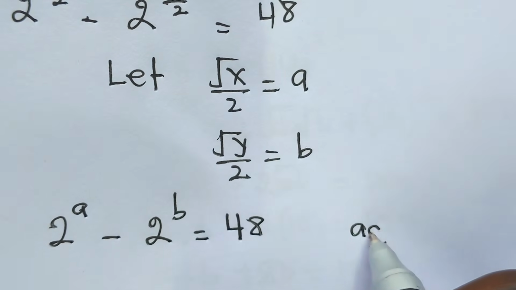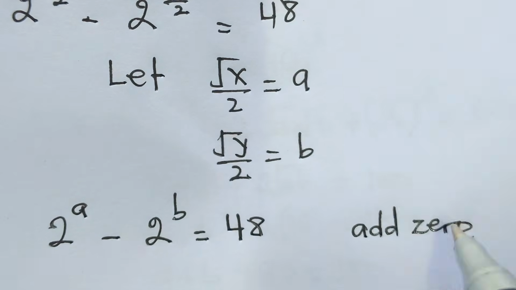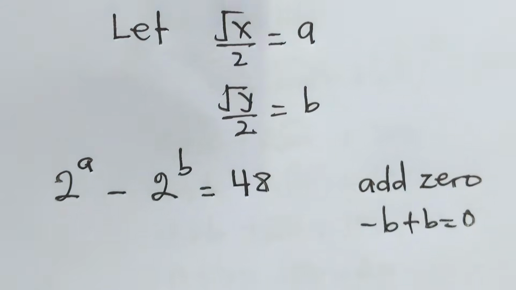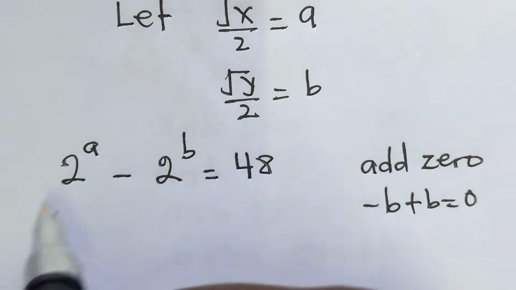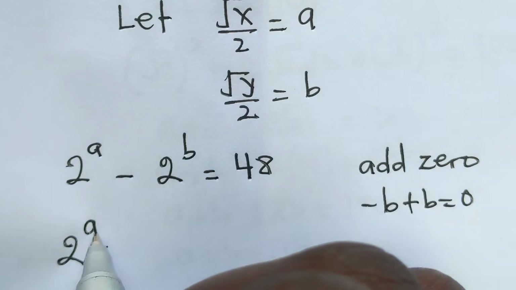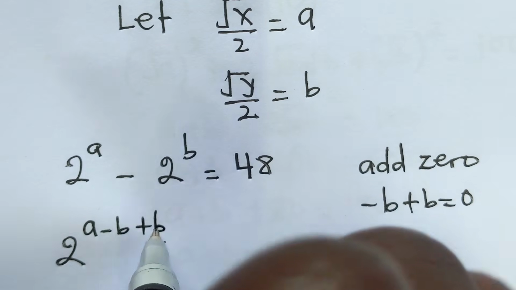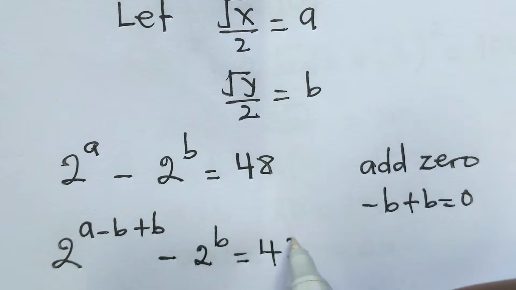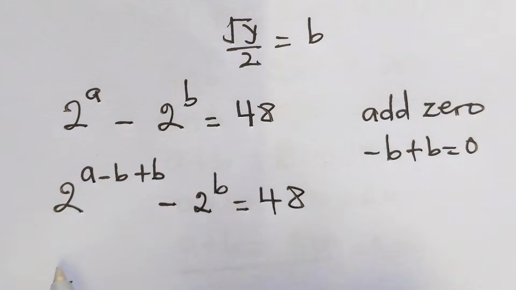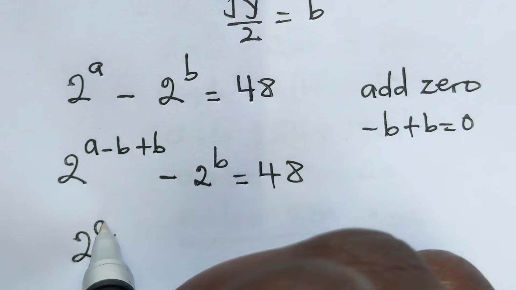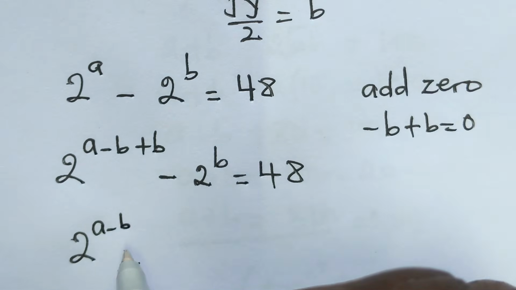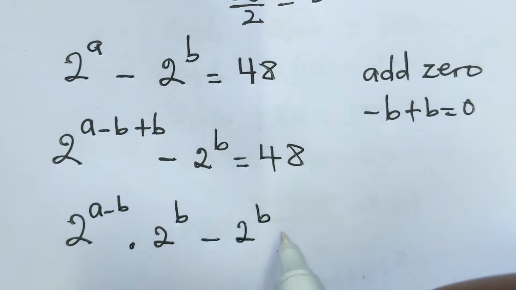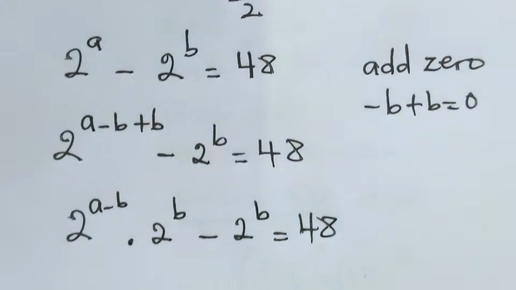And here we can add 0, and 0 can be negative b plus b, which is equal to 0. And we are going to add it to this side, so that we shall get 2 power a minus b plus b, then minus 2 power b, which is equal to 48, which is equal to 2 power a minus b, when we have addition, it means that we are multiplying, 2 power b, minus 2 power b, equals 48.